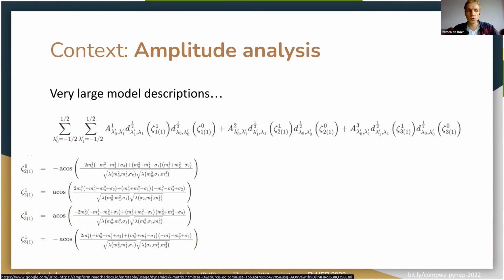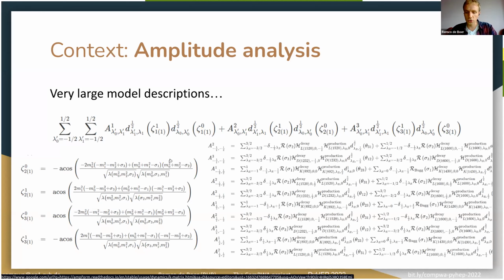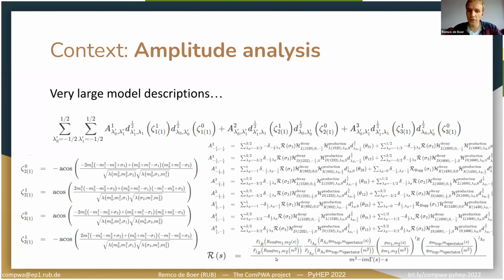And you have to compute helicity angles there from the four-momenta that you measure. And then each of these sub amplitudes are also again a large sum of spin projection terms. And in turn, these ones also have certain parameterizations for the dynamical effects.